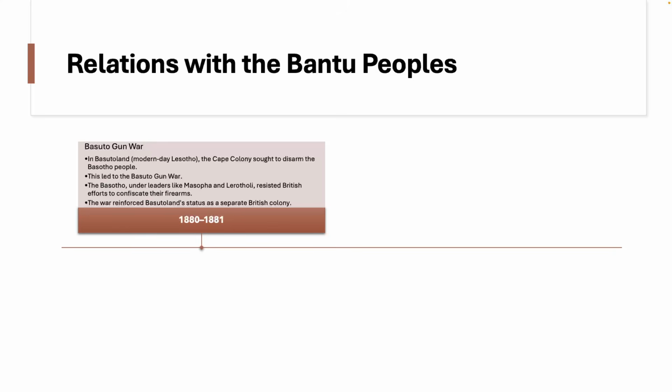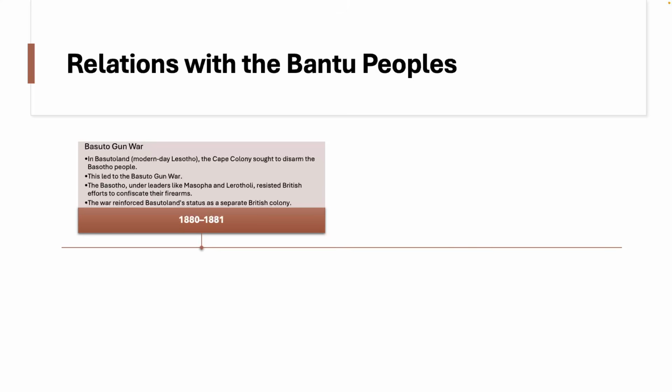The Basotho, under leaders such as Masofa and Leothrai, again I'm butchering these names, but they're on the screen, resisted British efforts to confiscate their firearms, resulting in a conflict which ended with a Basotho victory. The war reinforces the status of Basotho land as a separate British colony.